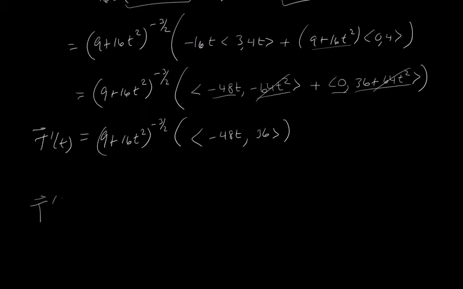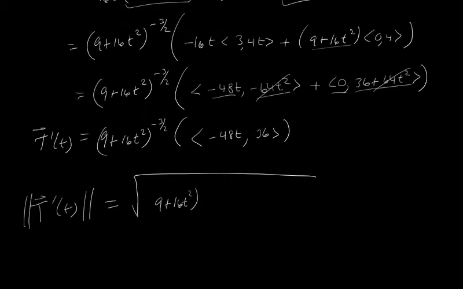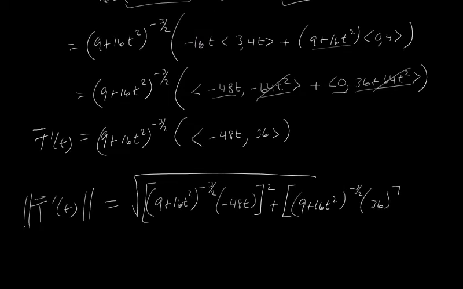So this is the square root of [(9 + 16t²)^(−3/2) times (−48t)]² plus [(9 + 16t²)^(−3/2) times 36]². In one step I've distributed the function in front into the vector, found the squares of each component, and put them in here. So we can simplify that significantly.